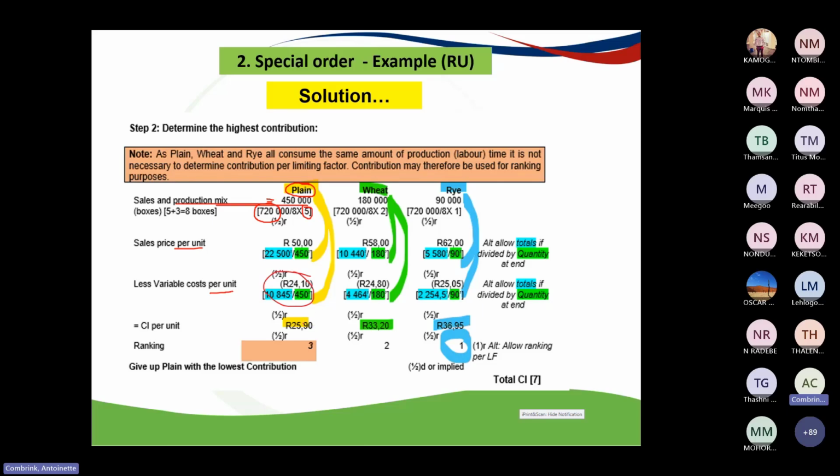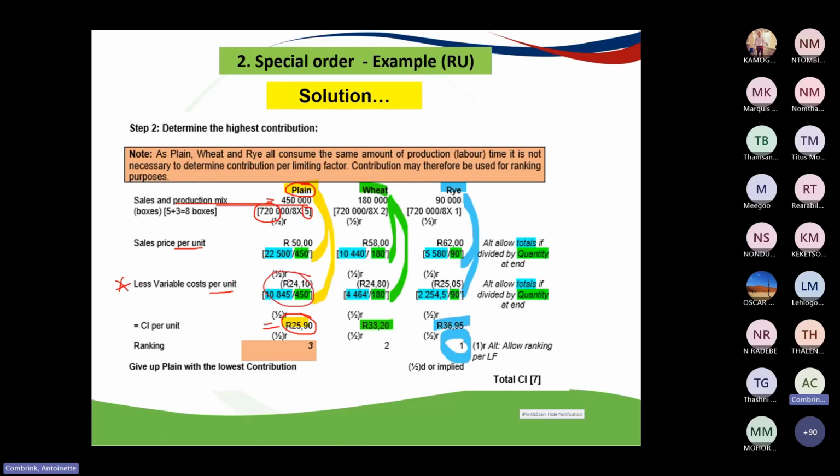Okay. Then for the lost contribution or the limitation, we're going to do the contribution per unit, which is my sales price less my variable cost, and that's going to give me my contribution. But now first I'm going to use my variable cost, because remember in the question it said that it's produced the same way as plain, except for the additional 8 rand.